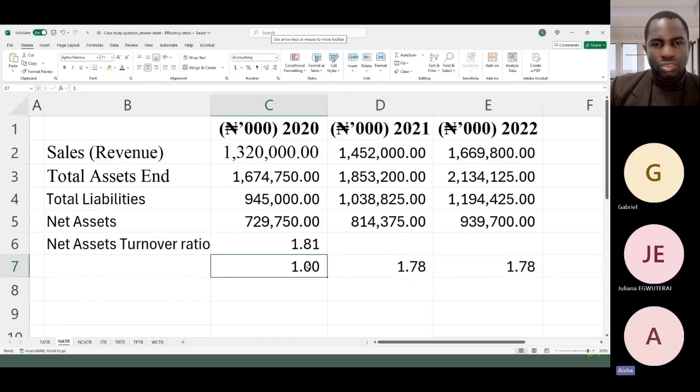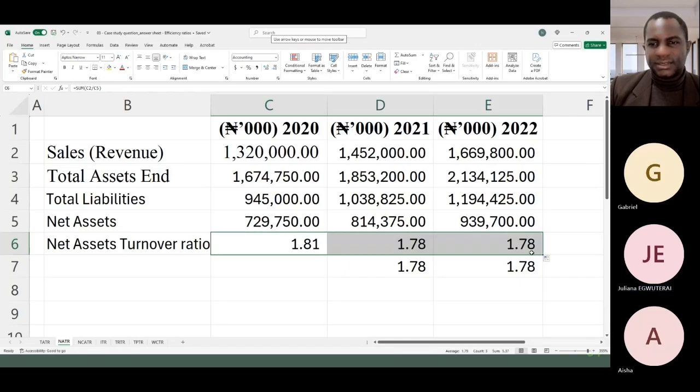I'm getting 0.104 for 2021. You must be getting a figure wrong. Julie, can you validate 2020 for me? What did you get for 2020? Let me see the total asset less total liabilities. Yeah, I validated. 1.78, 1.78, exactly.